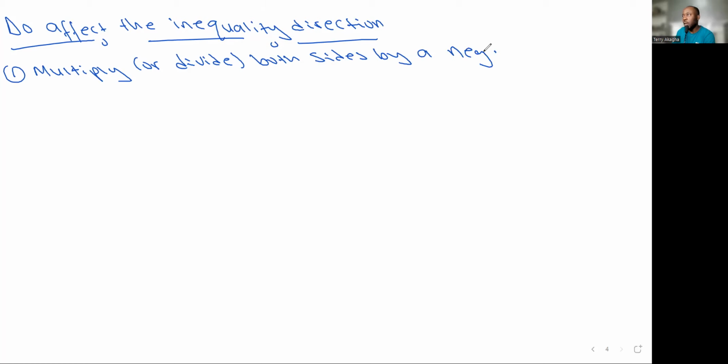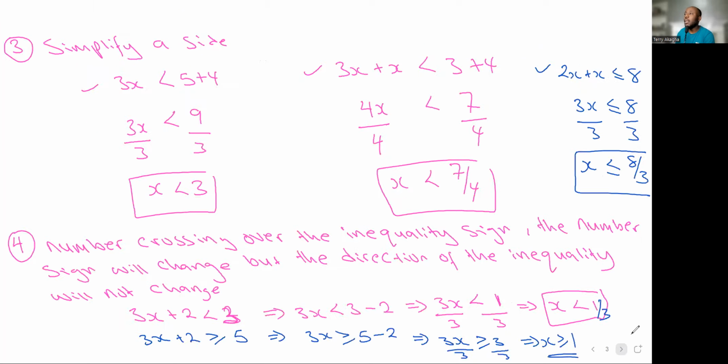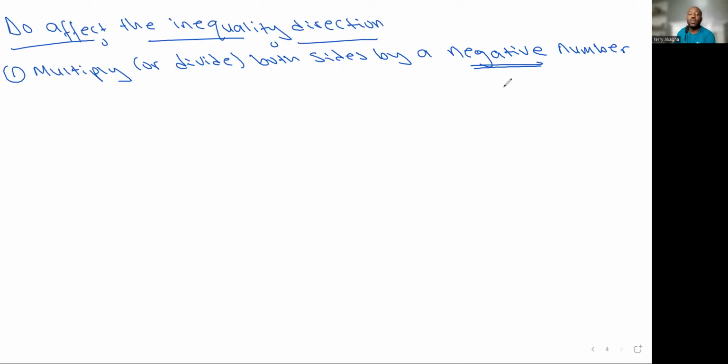Now in this case, we're multiplying or dividing both sides by a negative number. In the previous one, we were multiplying or dividing by a positive number, and it does not affect. But in this case, when it's a negative number, it will affect.